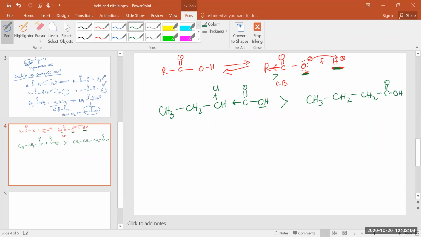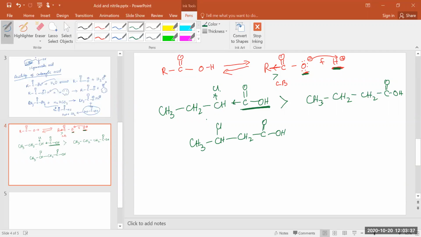So an electron withdrawing group closer to the carboxylic acid is more effective, meaning it will make it more acidic. So this will be less acidic if the chlorine is one carbon further away from the carboxylic acid.